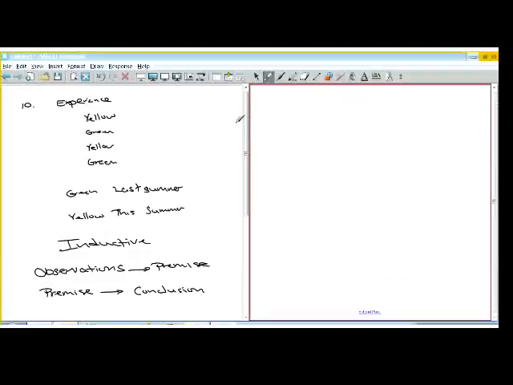Now, in terms of deductive reasoning, that's where you start with some kind of mathematical law, a rule, some physical law or rule.